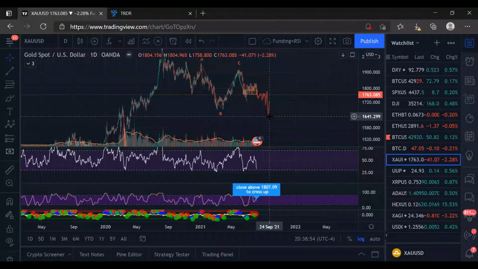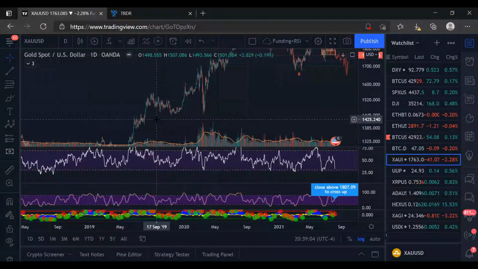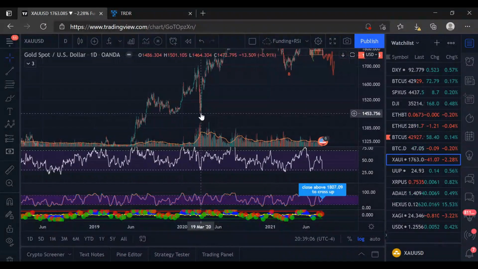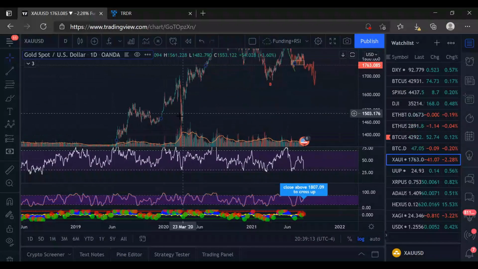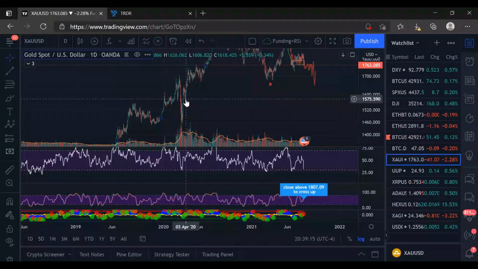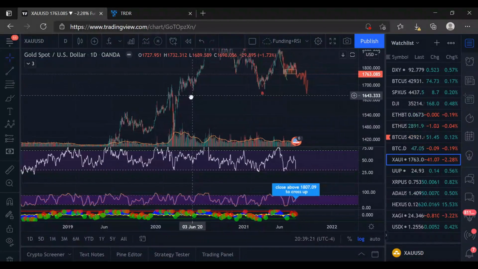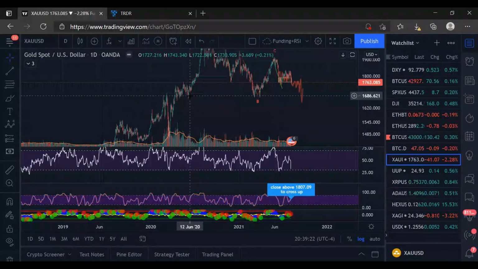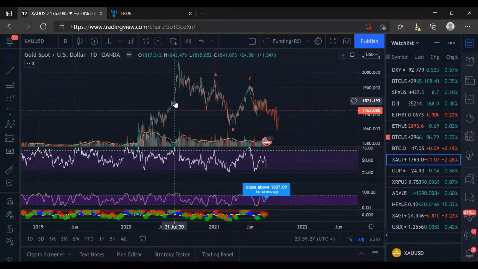Back to 16.37. I remember that being the COVID low. That's when I bought gold. Back in, yeah, right there. No, that wasn't where I bought. I bought 1600, I bought a back test of it. I took a stab at it at a higher low right there, took profits on it, and then I got back in at around 1680 or something like that, and sold again at I think 1950.